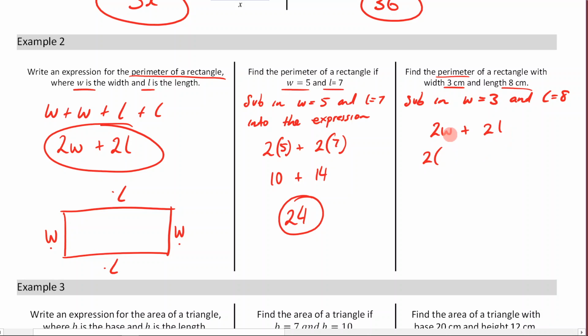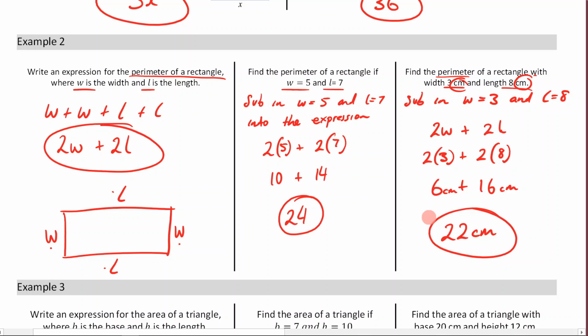Into the W position we're putting a 3, and into the L position we're putting in 8. 2 times 3 is 6, and 2 times 8 is 16. And remember, we're told the units here, centimeters. So this is 6 centimeters, and this is 16 centimeters. Altogether, we're going to have a perimeter of 22 centimeters. That is going to be our answer.